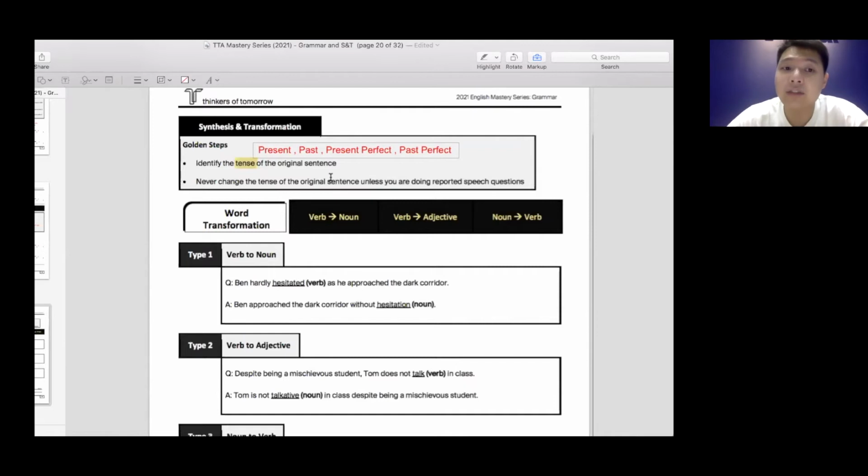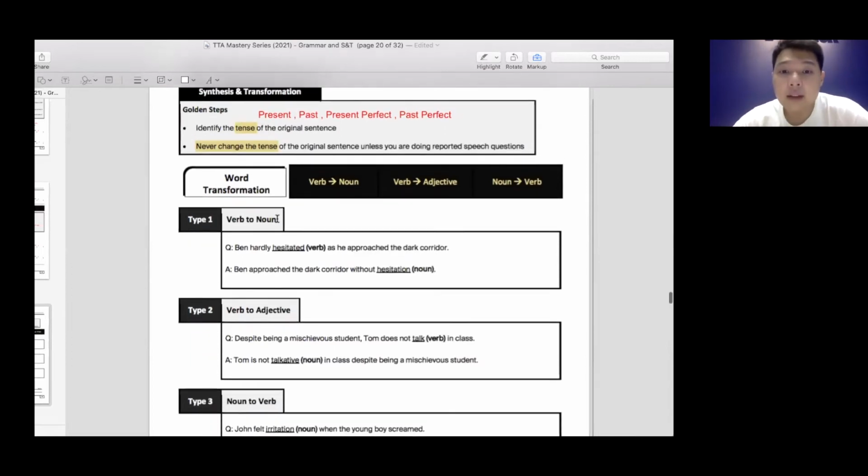Why do you need to identify the tense of the original sentence? Because when you transform this original sentence into the new sentence, you never, ever change the tense. Never, unless you are doing reported speech. Only in reported speech questions do you change the tense. Other than that, you never, ever change the tense. So it's important. Now, let's move on.